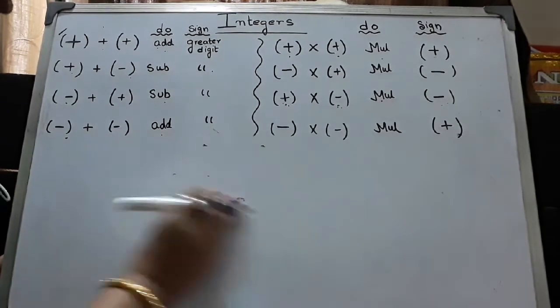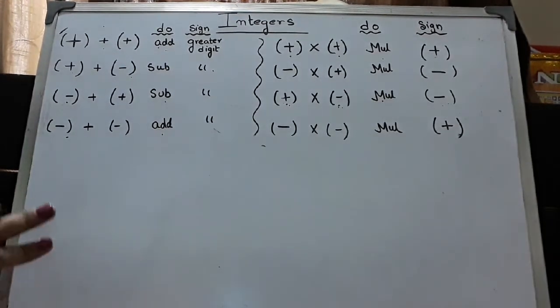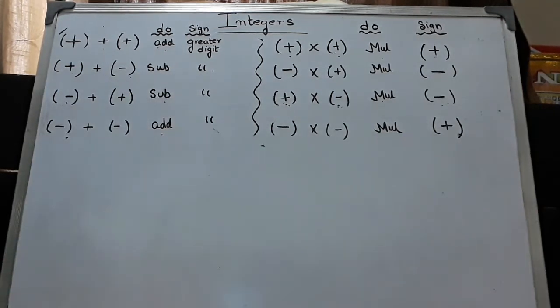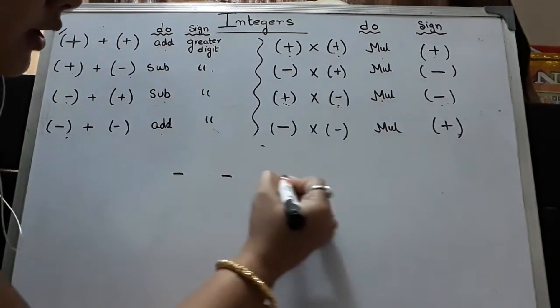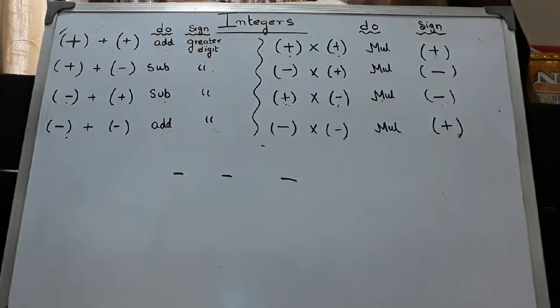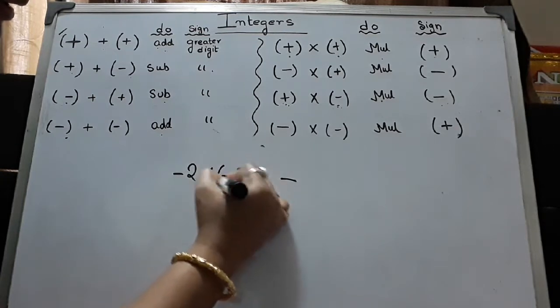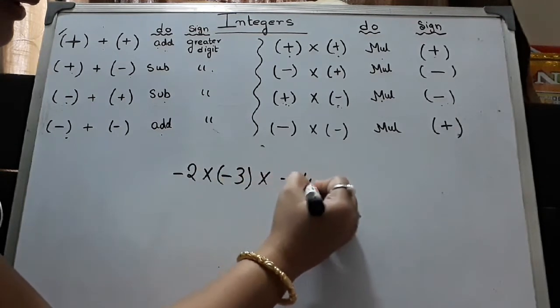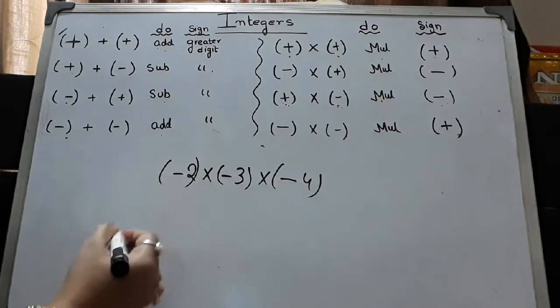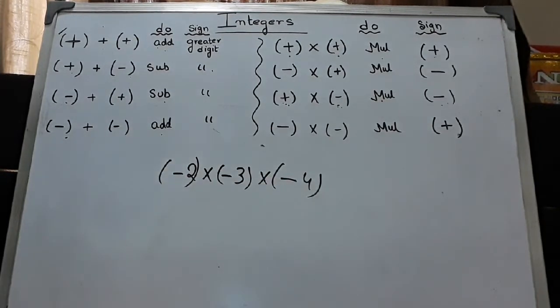What I will do, or one more trick. The trick is that whenever there will be odd minus sign, suppose like this, see odd number of minus sign is there.